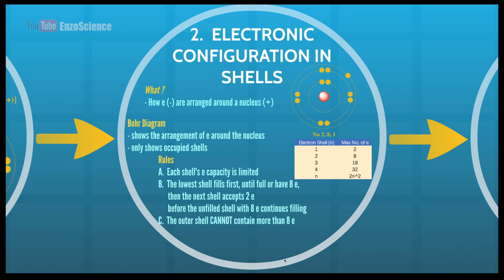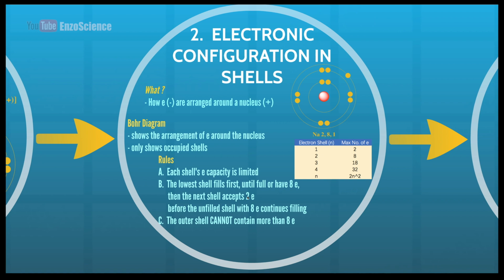The lowest shell fills first, this is the second point, until it is full or has 8 electrons. Then the next shell accepts another 2 electrons, before the unfilled shell with 8 electrons continues filling.